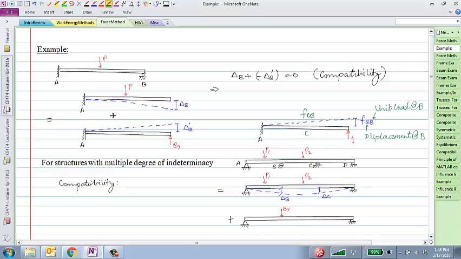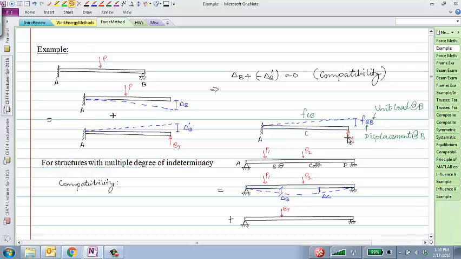So we'll make sure that as we go forward, I'll do that quite a bit. So if I know the displacement for a unit load, displacement for a load of By would be what? It's not that complicated.